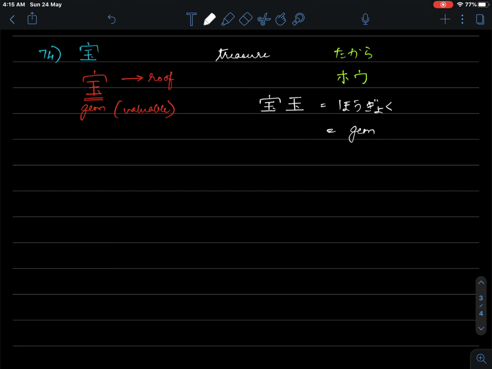So you're talking about treasure and gem, which is again a gem, because gem usually means that it has some kind of value, that it is a precious stone, that it is somehow valuable. So the meaning does not change, it is just gem.